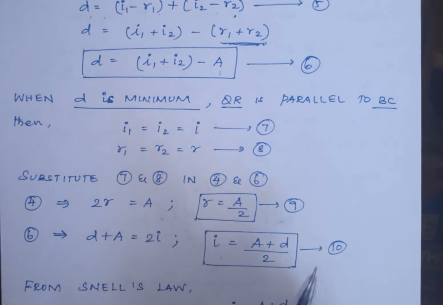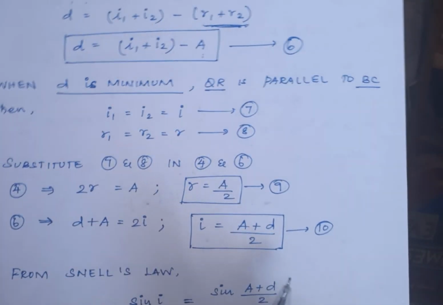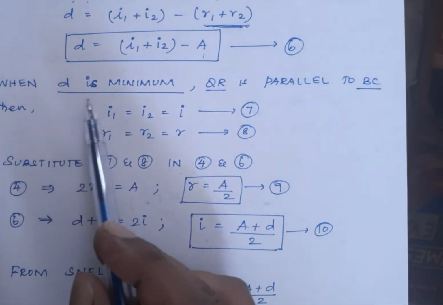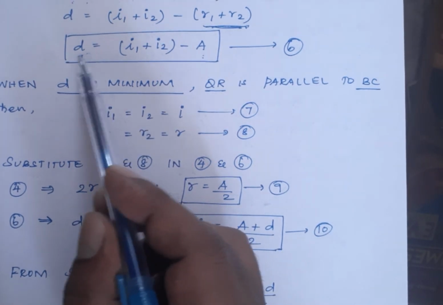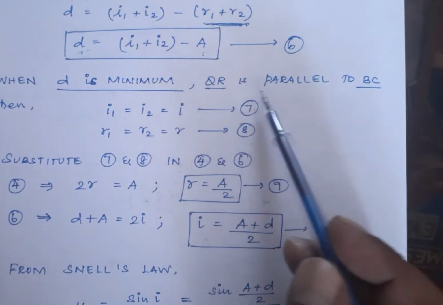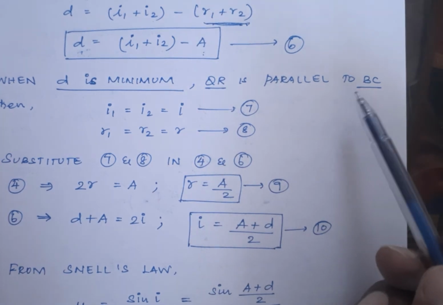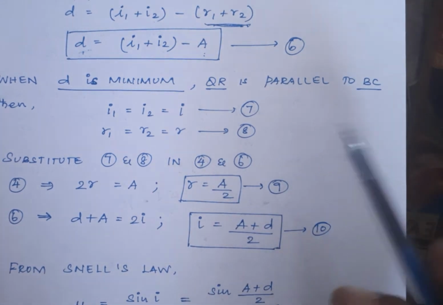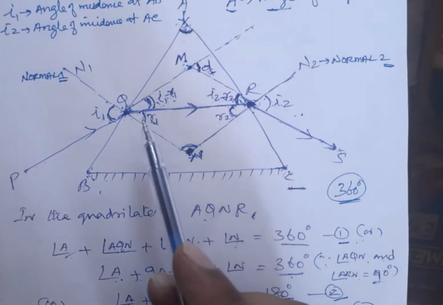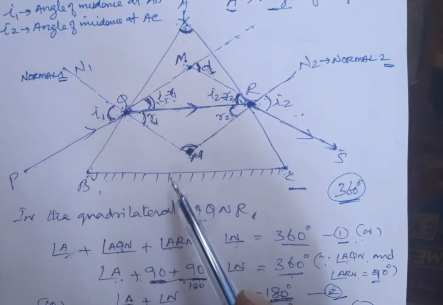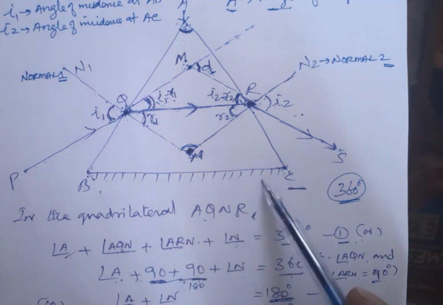Now we are giving some condition. When the value of D is minimum, QR is parallel to BC, the base of the prism.